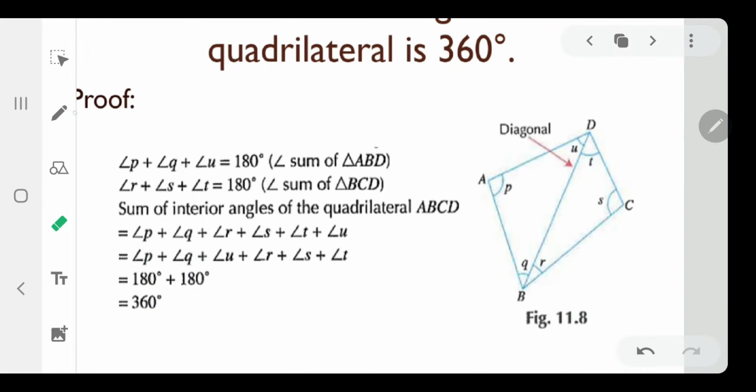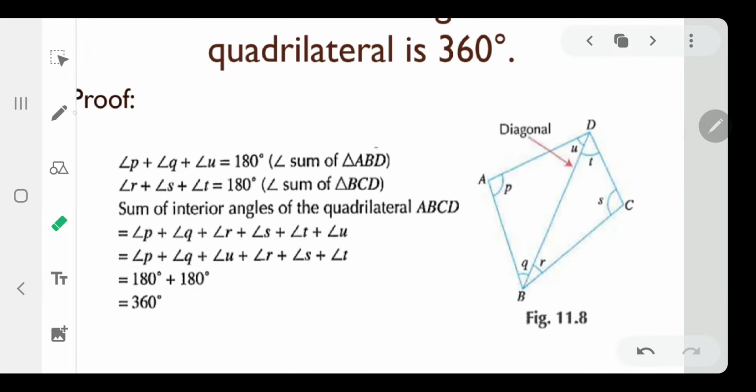So we have two triangles, and we know that the sum of three angles in a triangle must be equal to 180 degrees. So we can write that for triangle ABD, angle P plus angle Q plus angle U is equal to 180 degrees.